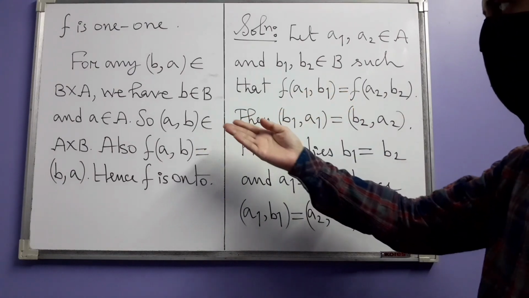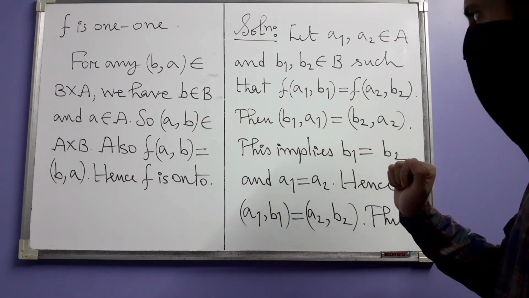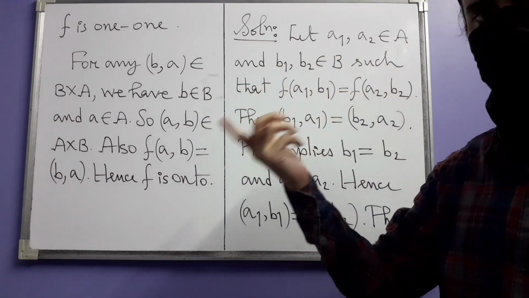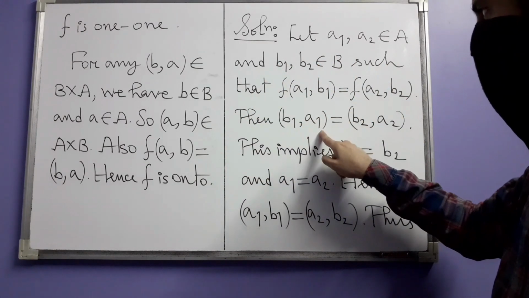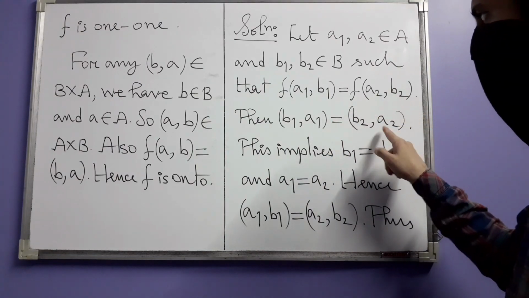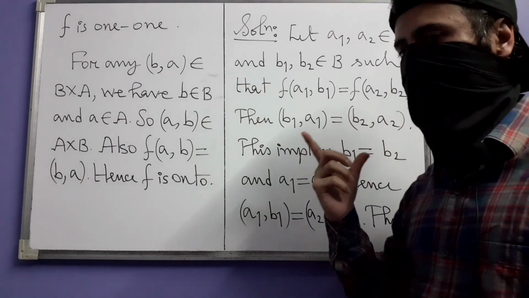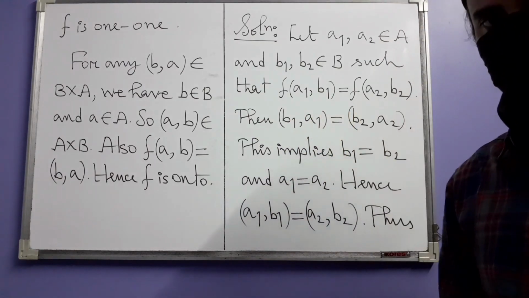Now by the definition of f, we can go back and see the question. This is equal to this, (b1, a1). Like that, this is equal to (b2, a2). Now we know that when two ordered pairs are equal, their corresponding coordinates are equal.